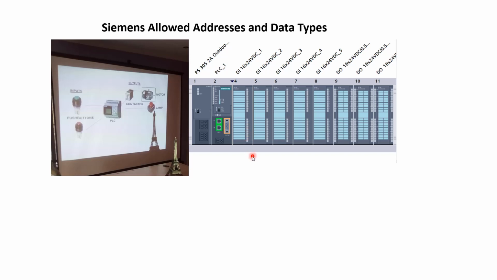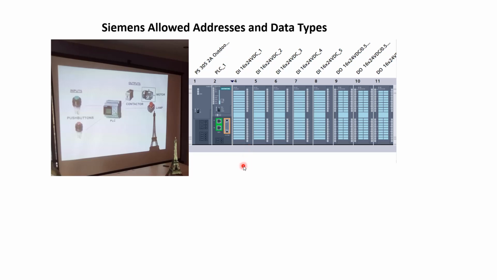Remember, we have a bit which is on or off, true or false. Then we have a byte, which is made up of 8 bits. Then we have a word. A word is made up of how many bits? 16 bits, made up of 2 bytes. So this digital input card is made up of 2 bytes. It's a 16-bit card.